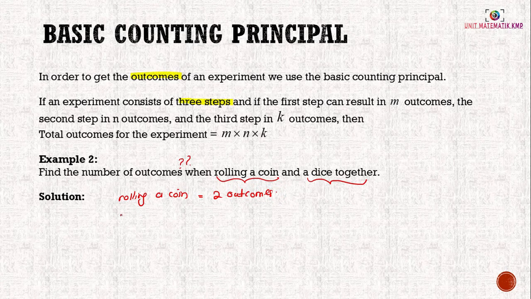Okay, so when we roll a dice, kita akan ada 6 outcomes sebab dia ada numbers daripada 1 sampai 6. Jadi the total outcomes adalah kita akan darab dua-dua outcomes ni. So you have 12 outcomes when you roll a coin and a dice together.